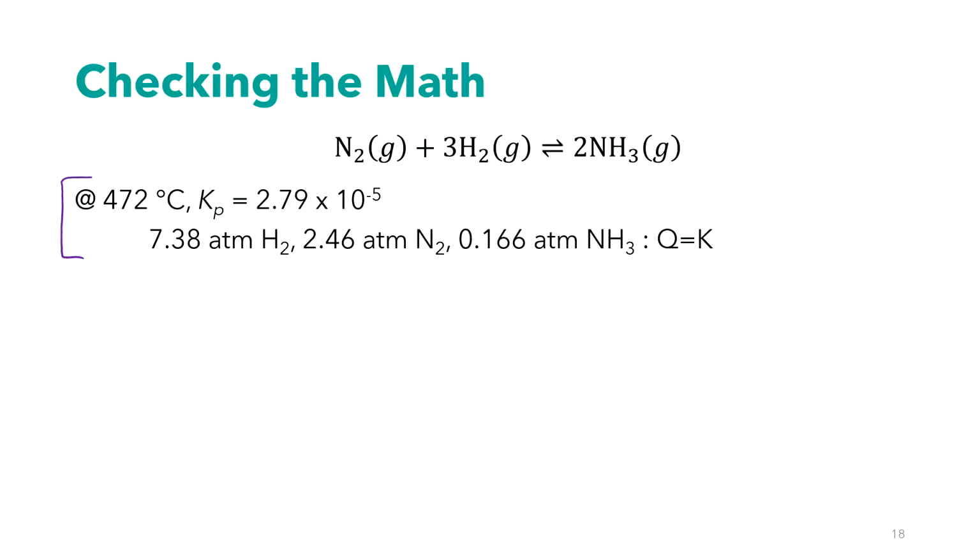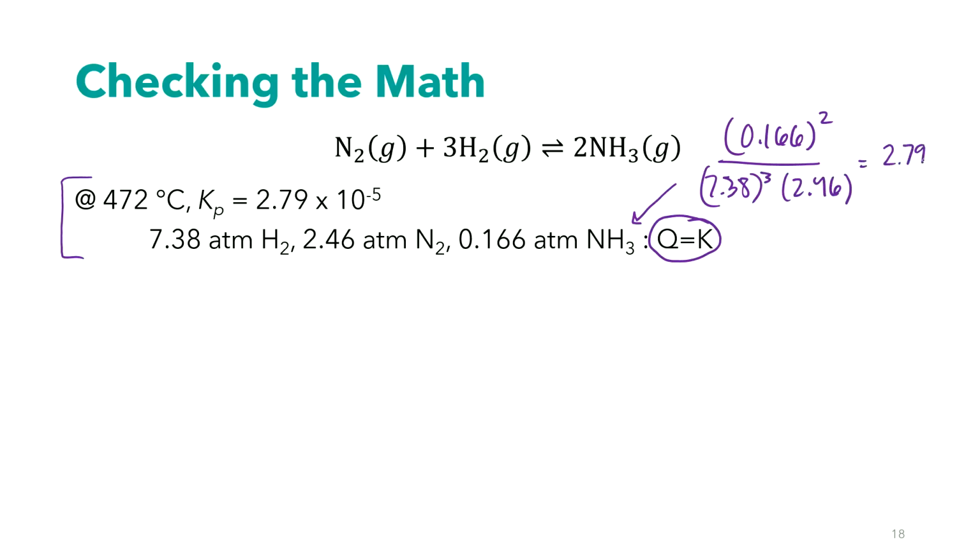These are equilibrium pressures that I've listed here, okay? In other words, for yourselves, you can calculate that when you have 0.166 squared divided by 7.38 cubed and 2.46, this should equal the 2.79 times 10 to the negative fifth, okay?